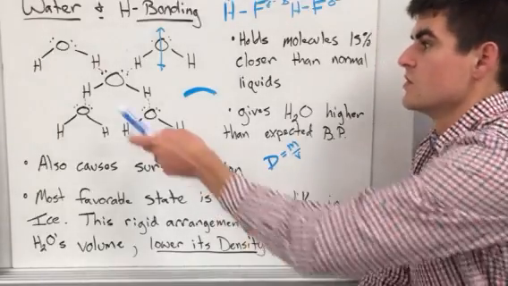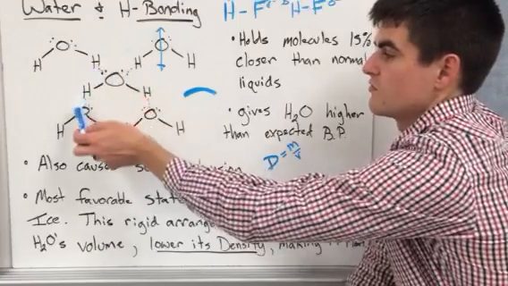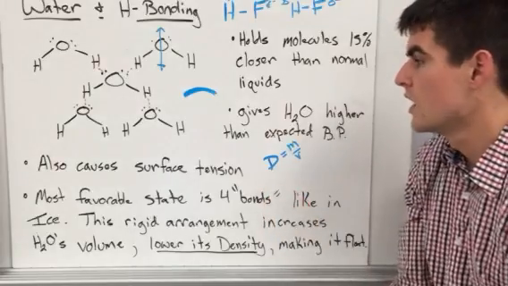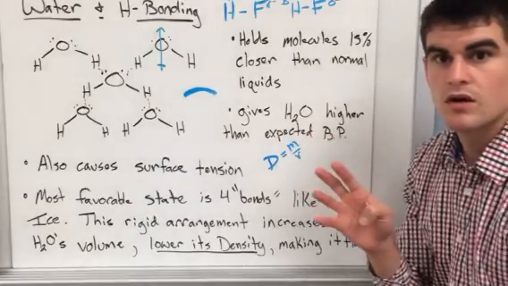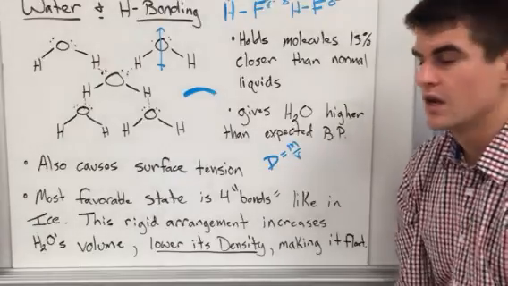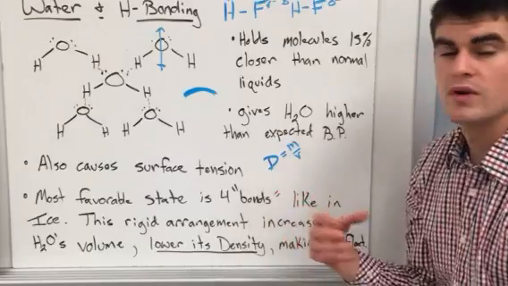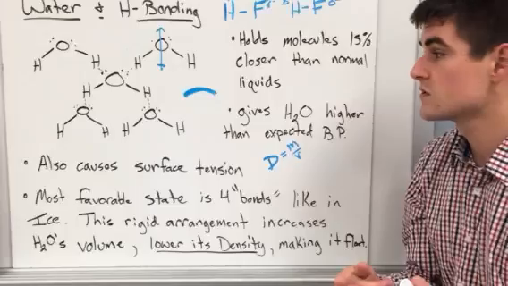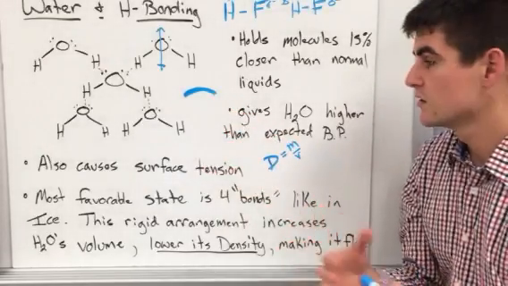Also, notice this one I drew, if you look at this water molecule, it has 4 hydrogen bonds, or 4 attractions. It's not a true bond, but 4 attractions. So it has a possibility of 4. On average, liquid water has about 2.6 to 3.4 of these bonds, and that probably depends on temperature. But when we start to cool things down, when water starts to freeze, these all start lining up in a nice crystal pattern.